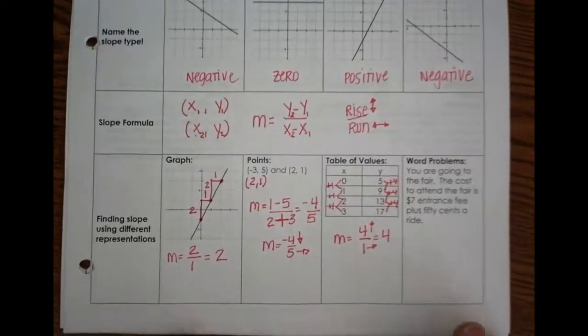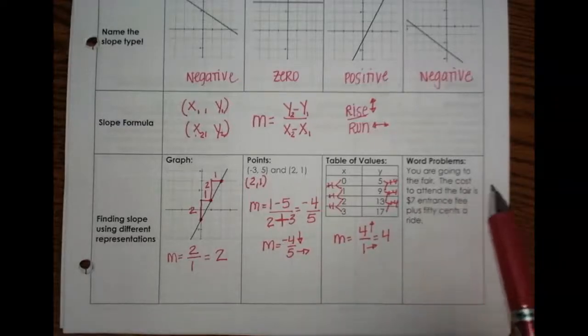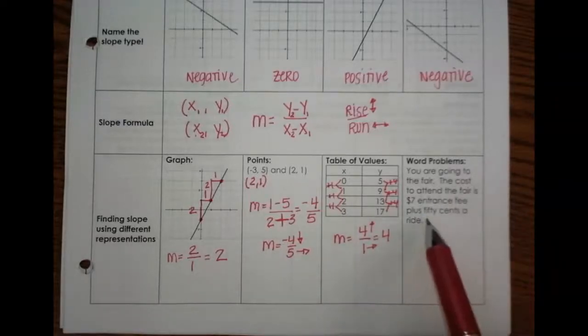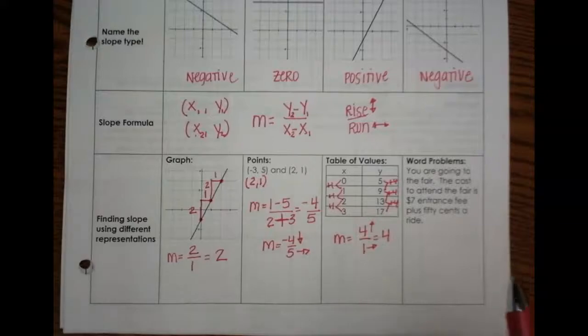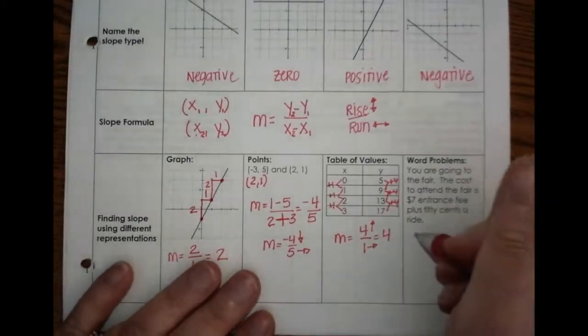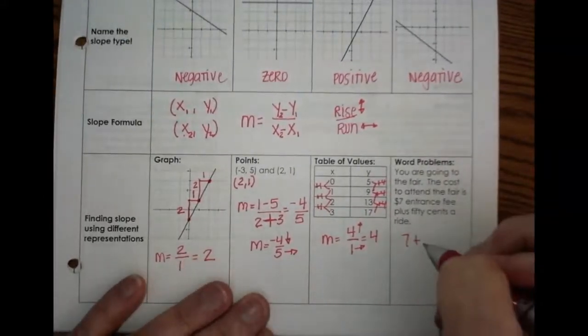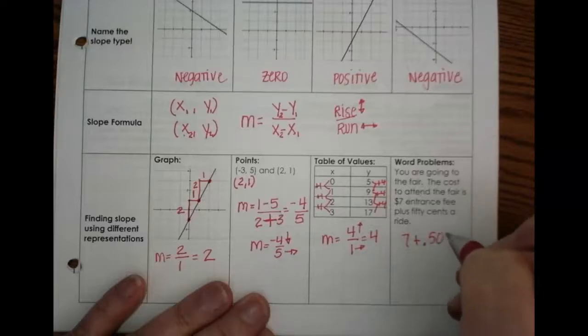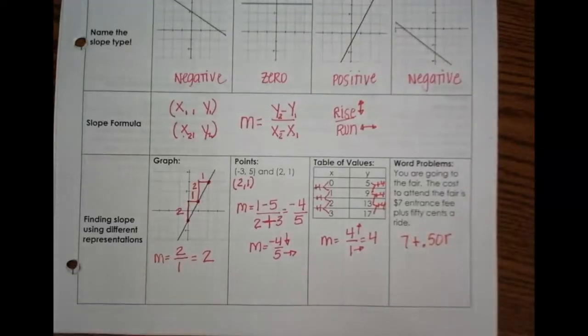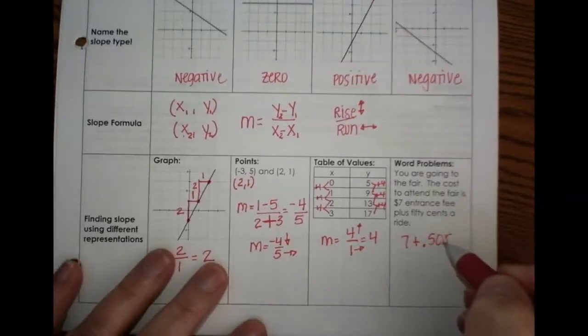All right, one last representation for you is a word problem. We just did a bunch of these. So you're going to the fair. The cost to attend the fair is a $7 entrance fee plus 50 cents a ride. So no matter what, you're spending $7 to walk in the door plus 50 cents per ride. Now the slope is how things are changing every time something happens, so it's depending on the number of rides in this case.